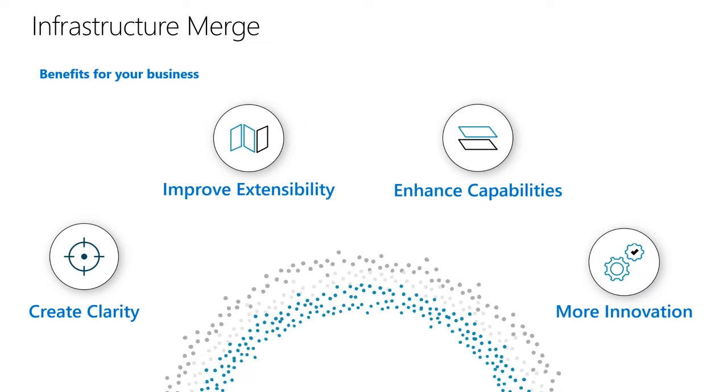In the standalone HR app, you cannot create extensions just like you do in F&O applications. The only options for customization are personalizations, custom fields, and extension through Dataverse like Power Apps, Power Automate, and so on. With infrastructure merge, F&O extensibility capabilities will be available for human resources as well.